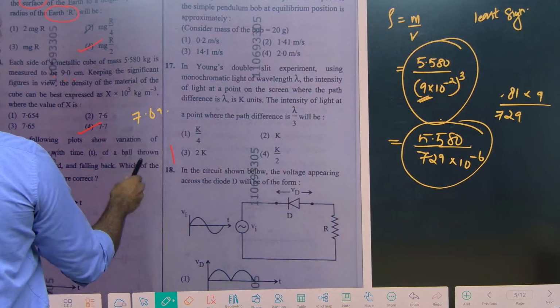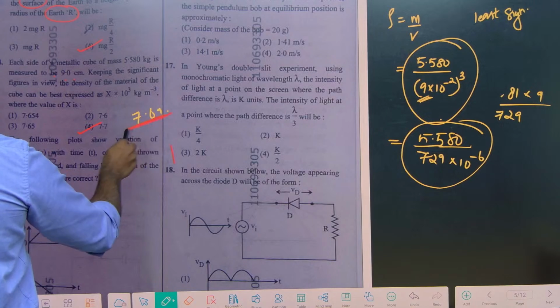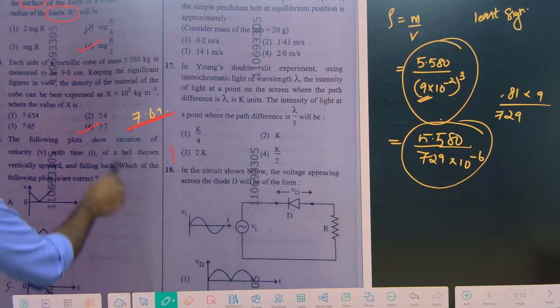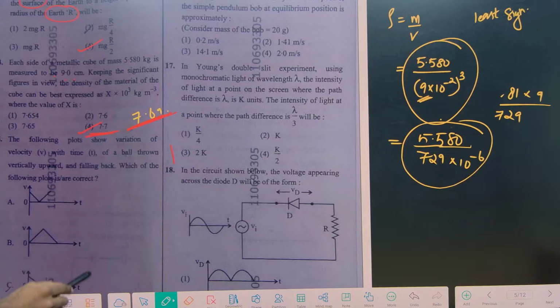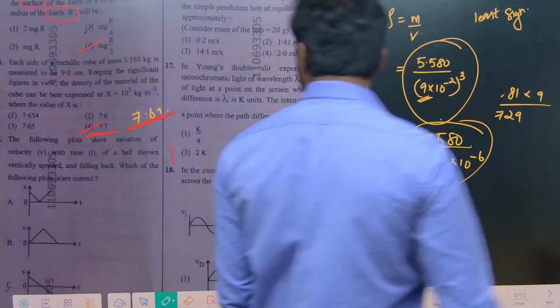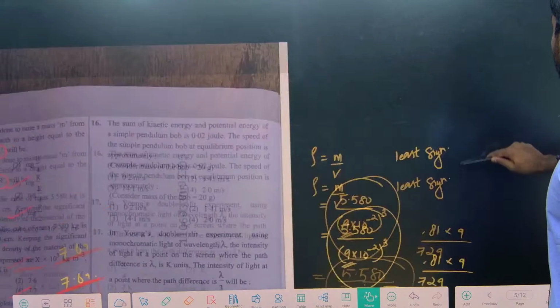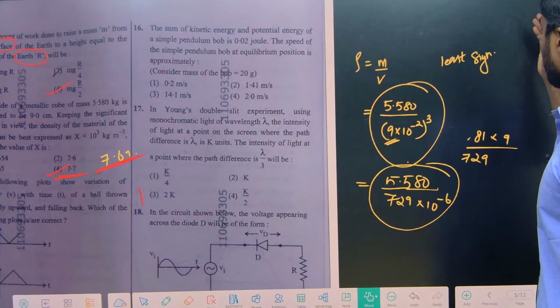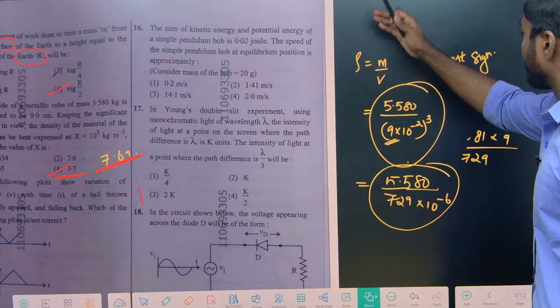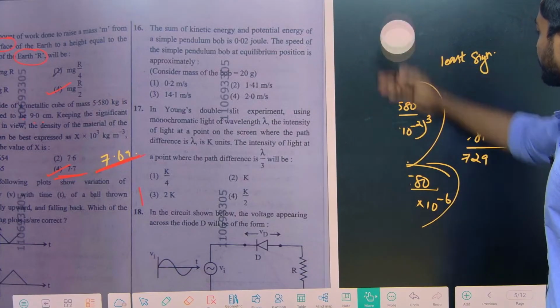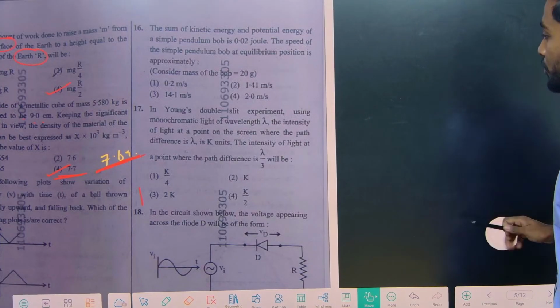Okay, so to consider the least significant figures, I'll take 7.7. Done. We'll go for the next question.